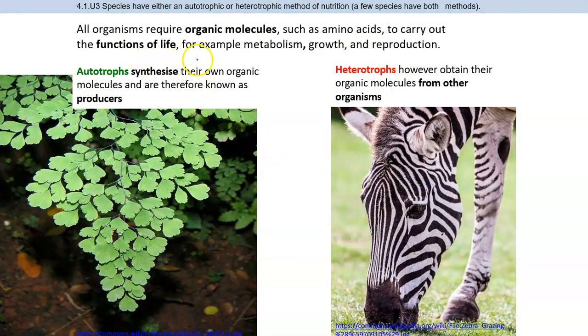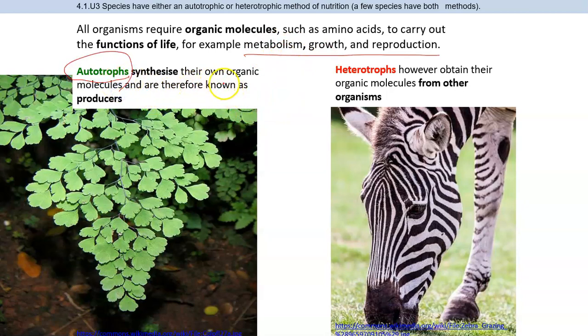All organisms require organic molecules, such as amino acids, to carry out the functions of life, for example, metabolism, growth, and reproduction. Okay, so we have two separate classifications in terms of this definition. Either they can synthesize these by themselves, which are called autotrophs.